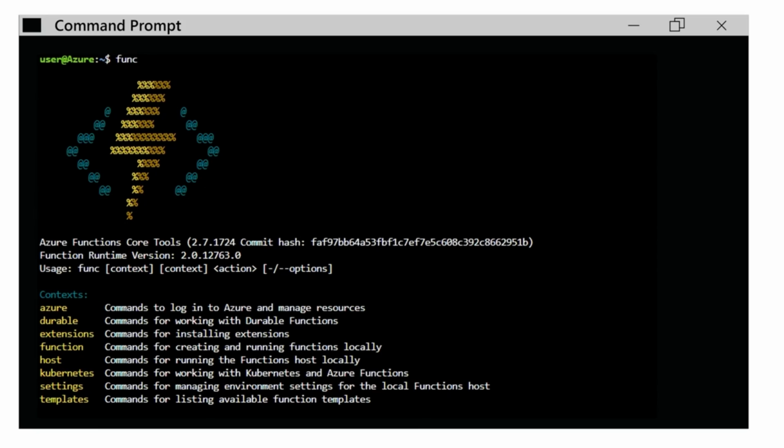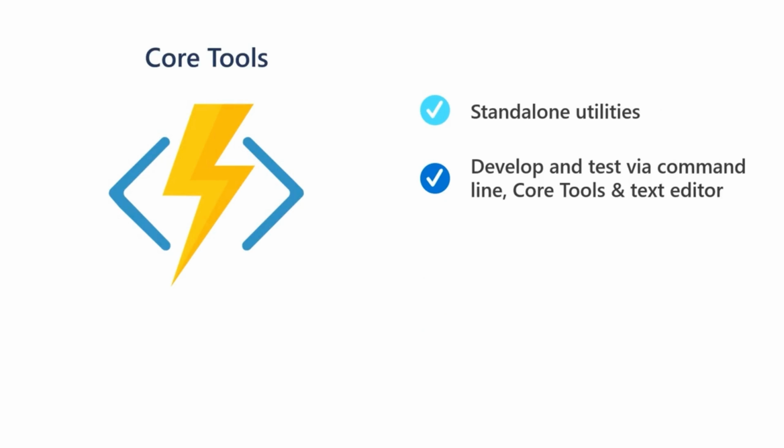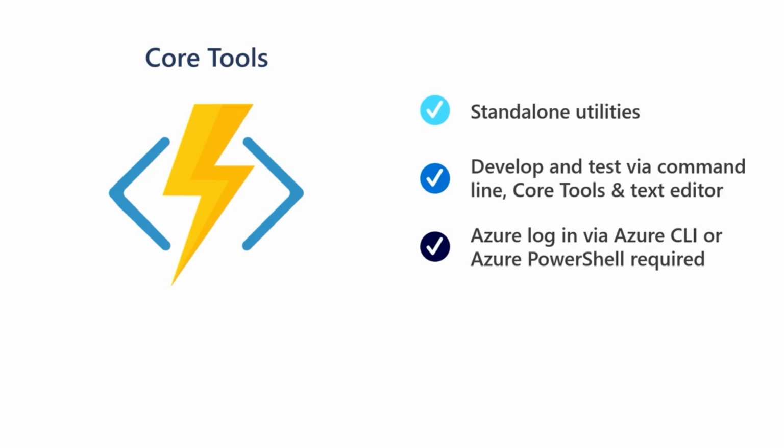and a usage guide. The core tools are standalone utilities, not an extension of a larger integrated development environment or tool. You can accomplish the above tasks with nothing but the command line and the core tools, and use any text editor you like to write code and modify configuration. In practice, you'll also need the Azure CLI or Azure PowerShell to log into Azure and perform other management tasks.